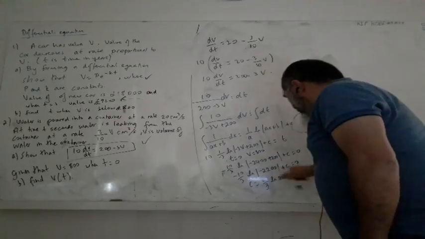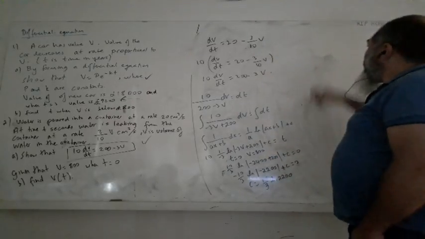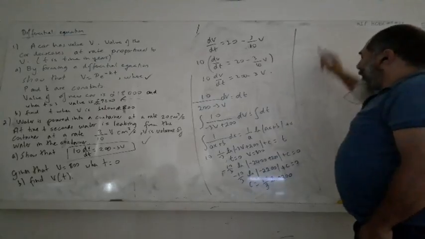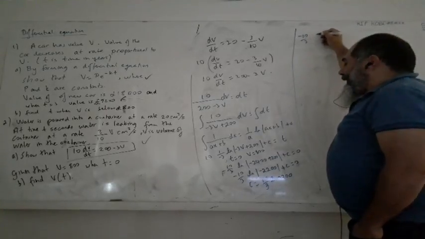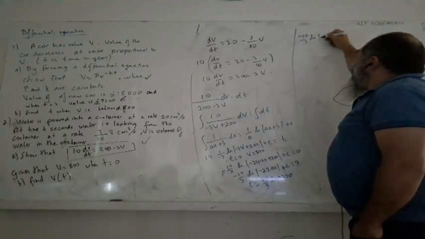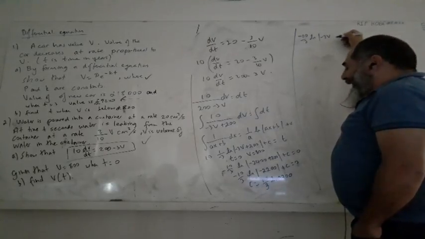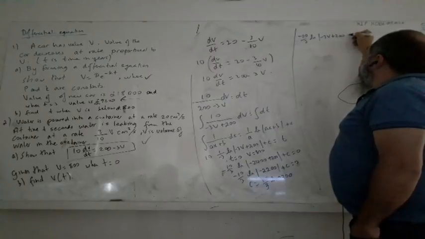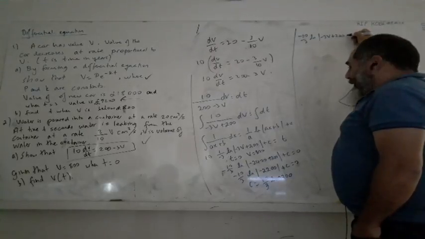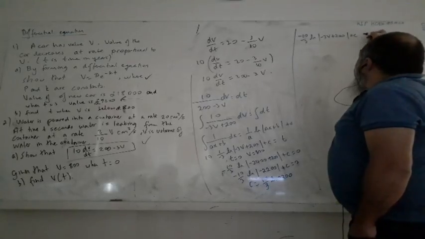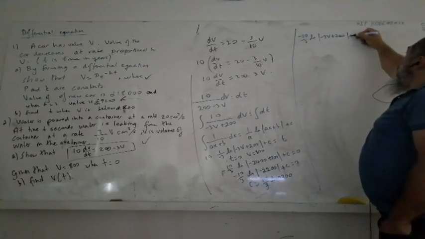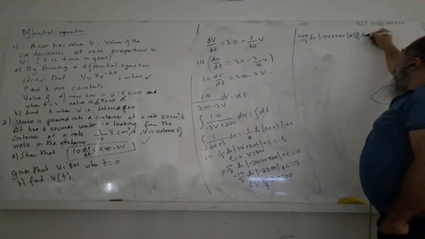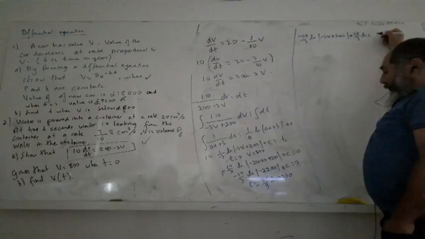So here, minus 10 over 3 ln minus 3V plus 200 plus c, which is 10 over 3 ln 2200, is equal to t. We have to leave V alone.